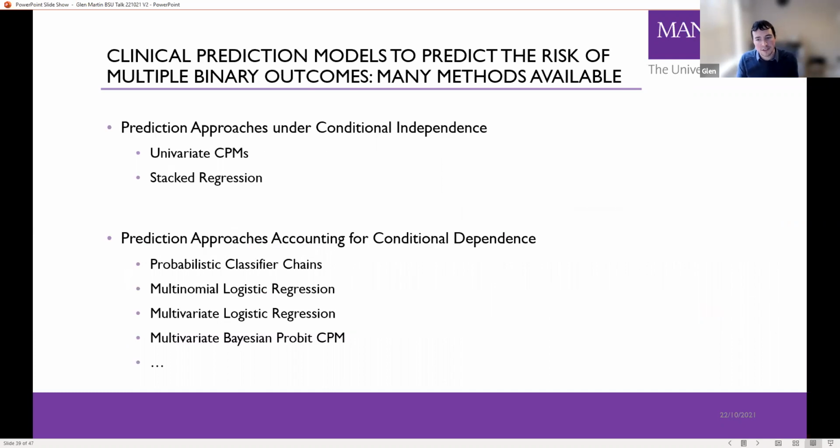Statistically speaking, there are many methods available to us to model a multivariate outcome. I don't need to tell this audience why that is important, but what is of interest is that these types of methods aren't commonly used in a prediction context.